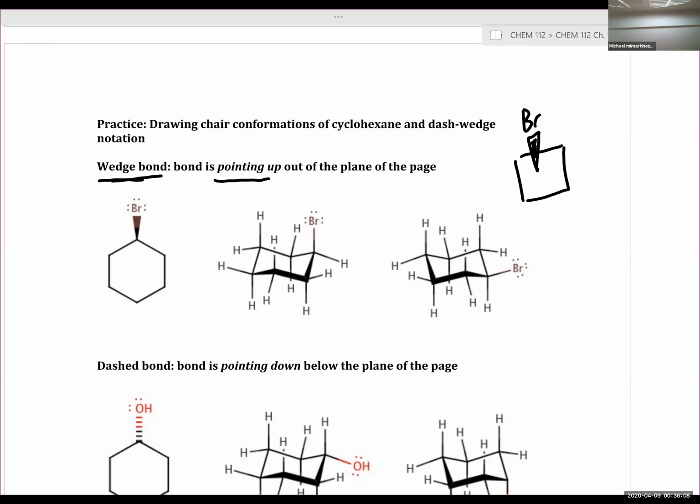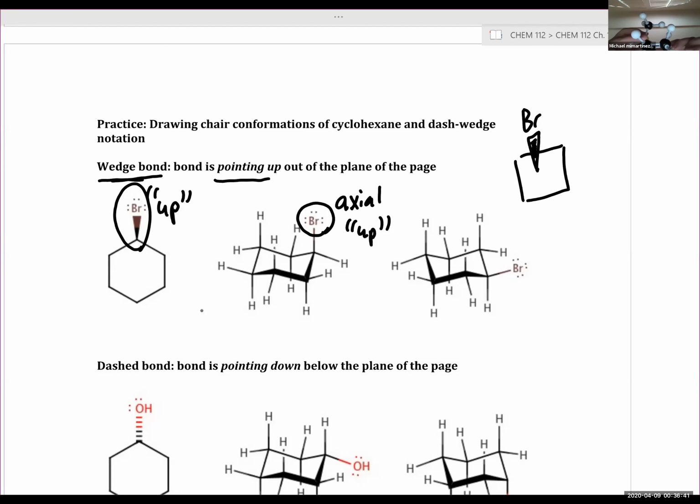Okay, now, if we're drawing the wedge, so it's pointing up out of the page, we can choose to place it in the axial up position, or, okay, so this is our first option. So it's axial pointing up. So for example, it would look something like this, axial pointing up.